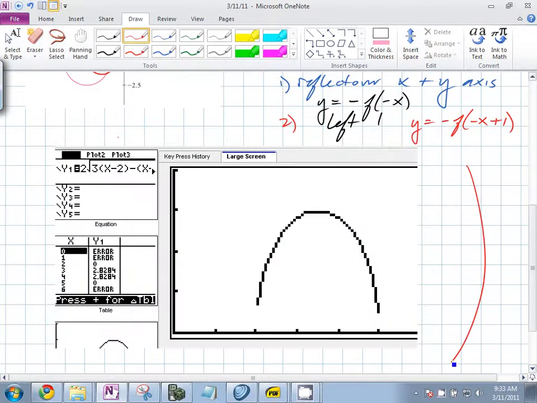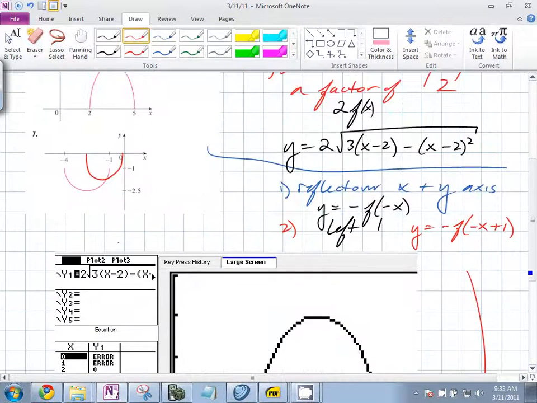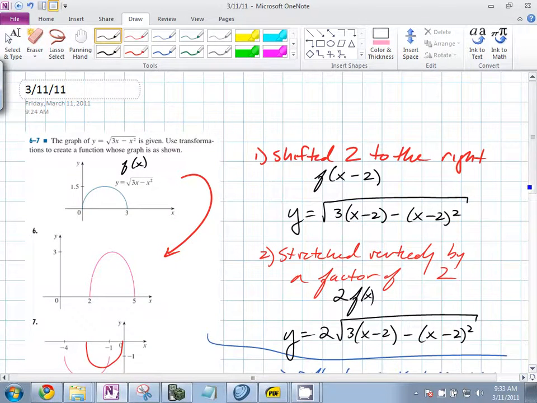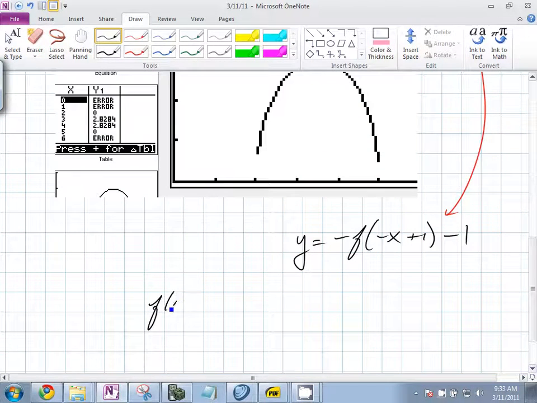But now, what happened to it? Now the whole thing gets moved how much? So we think it's going to be y is equal to negative f of negative x plus 1, minus 1. So what was our original function? The square root of 3x minus what?